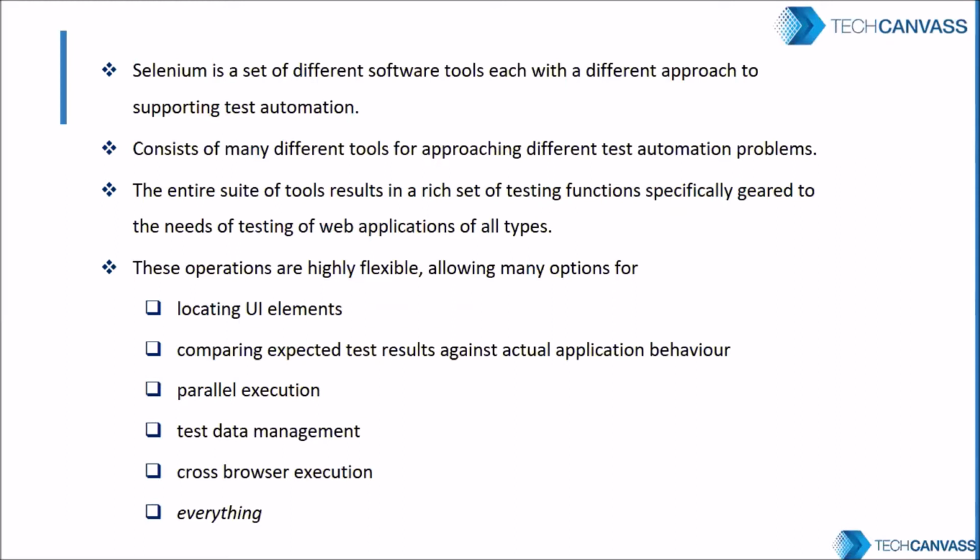We always have to compare expected results to the actual ones, and then we can call out if our test case is a pass or a fail. Parallel execution, test data management, cross-browser execution, sort of everything that is practically required to test any web application or website is virtually covered by Selenium.